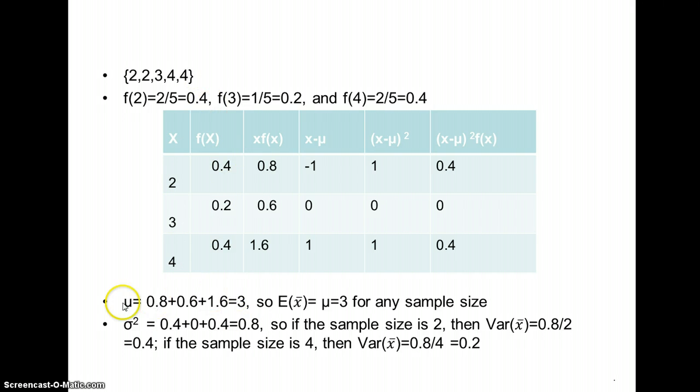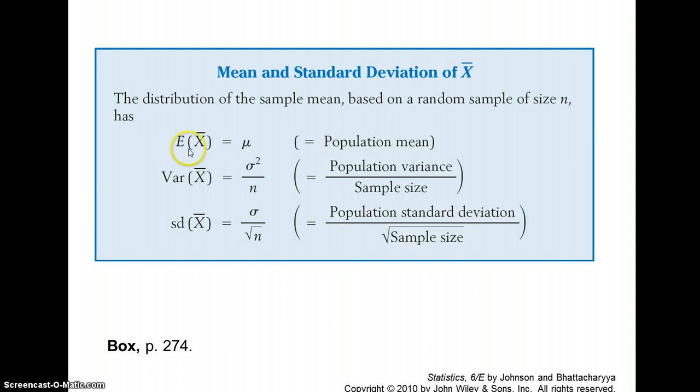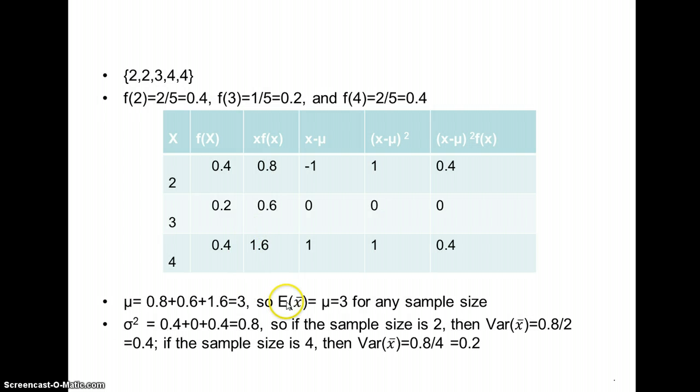Okay, we found mu, which is the population mean. By using this formula, the population mean is the same as the expected value of x bar. So the expected value of x bar, the expected value of the average, is the same as the population mean, which is 3. And this works for any sample size.